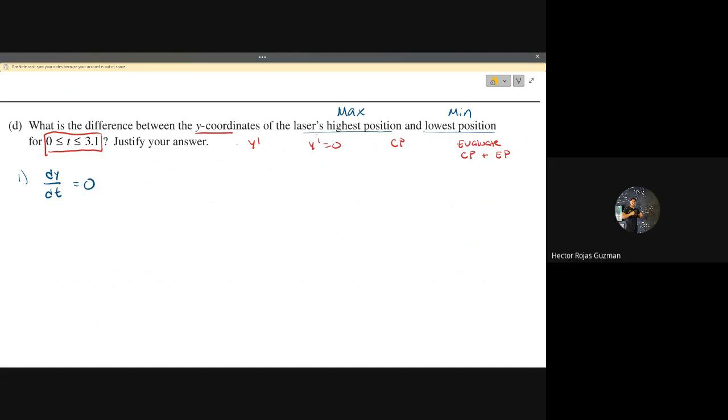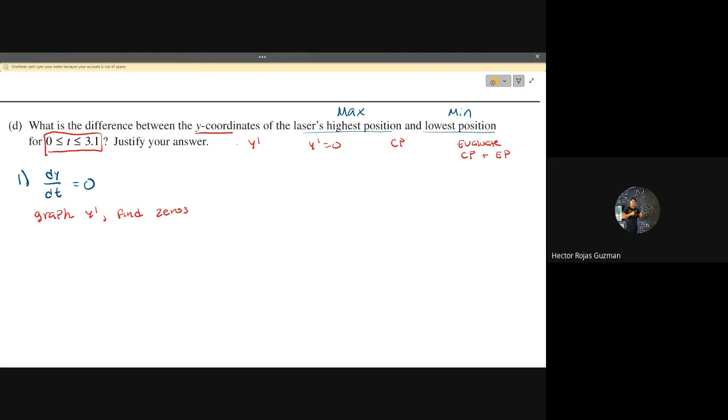That automatically should get you the first point. How are you going to solve this? Well, we have a calculator with us in this question, right? So graph your derivative, find your zeros, aka your x-intercepts.